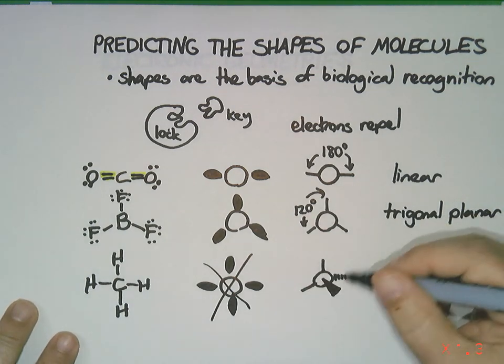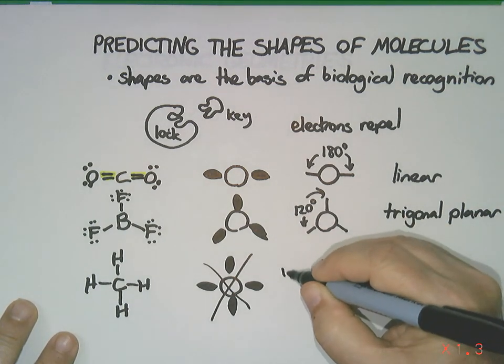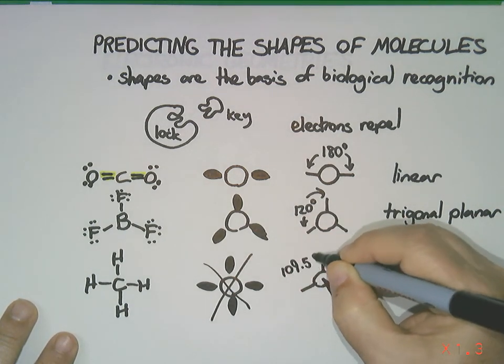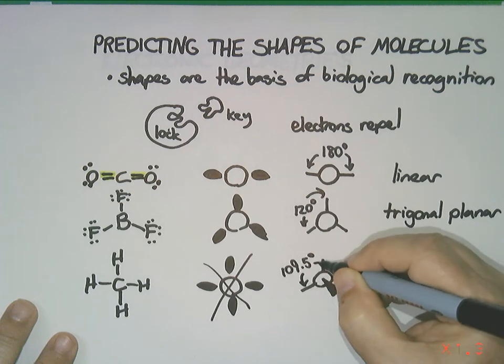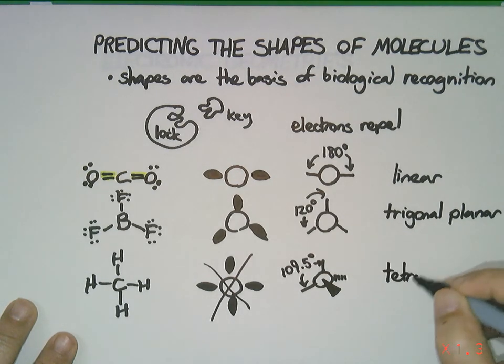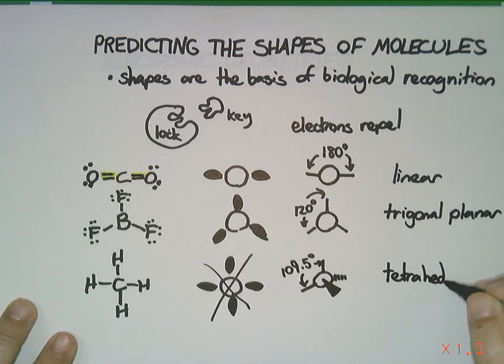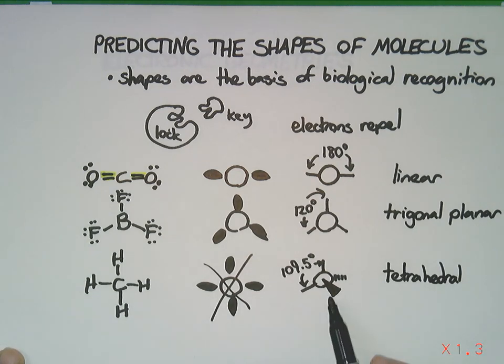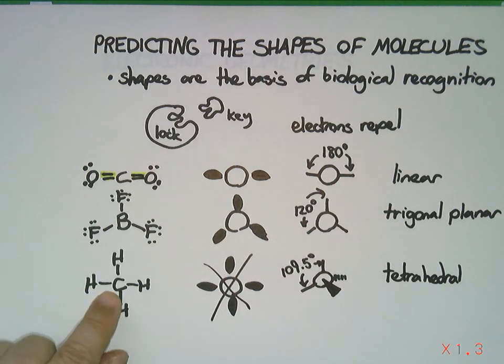What's the angle here? Well, it happens to be 109.5 degrees. And the name of this shape is a tetrahedral shape. So this molecule, because this shape in the center is tetrahedral, this molecule overall will be tetrahedral.